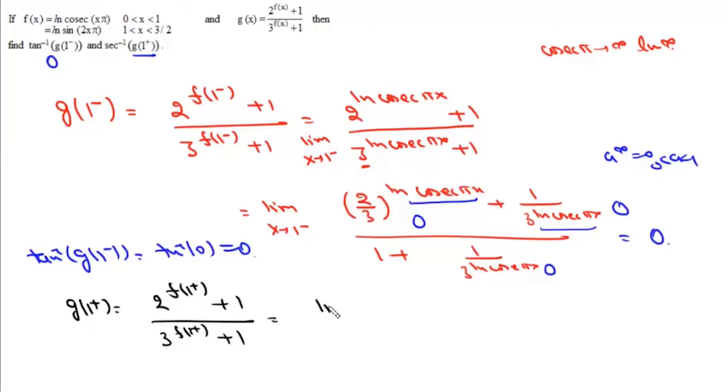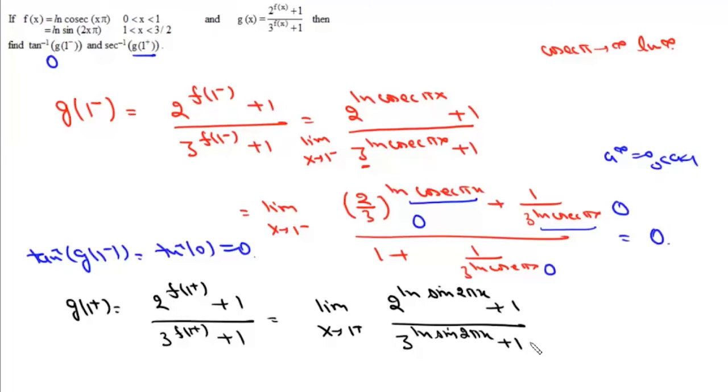So it will be this limit x tends to 1 positive 2 to the power of log sine 2 pi x plus 1, and here will be this 3 to the power log sine 2 pi x plus 1. Now when x tends to 1, sine 2 pi is 0 and log 0 is minus infinite, and we know that 2 to the power of minus infinite will be 0 and 3 to the power minus infinite will also be 0. So this value, it is equal to 1.